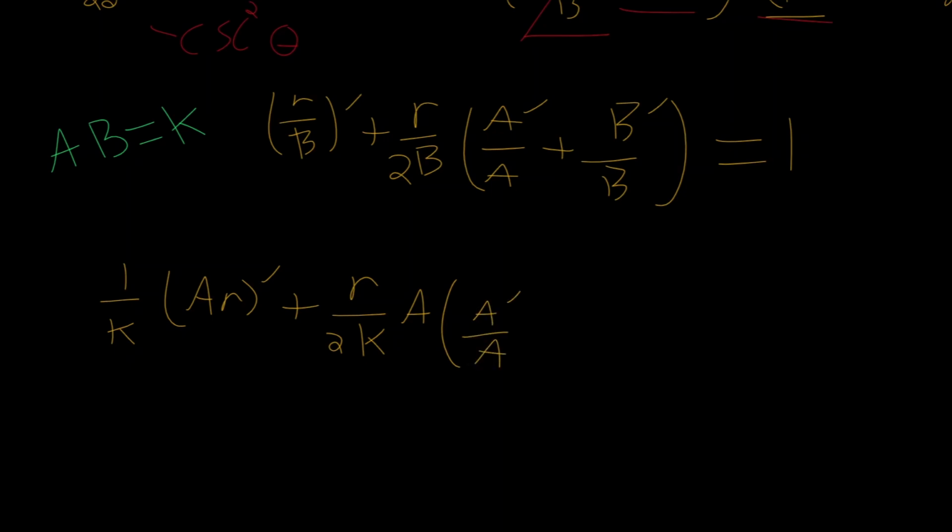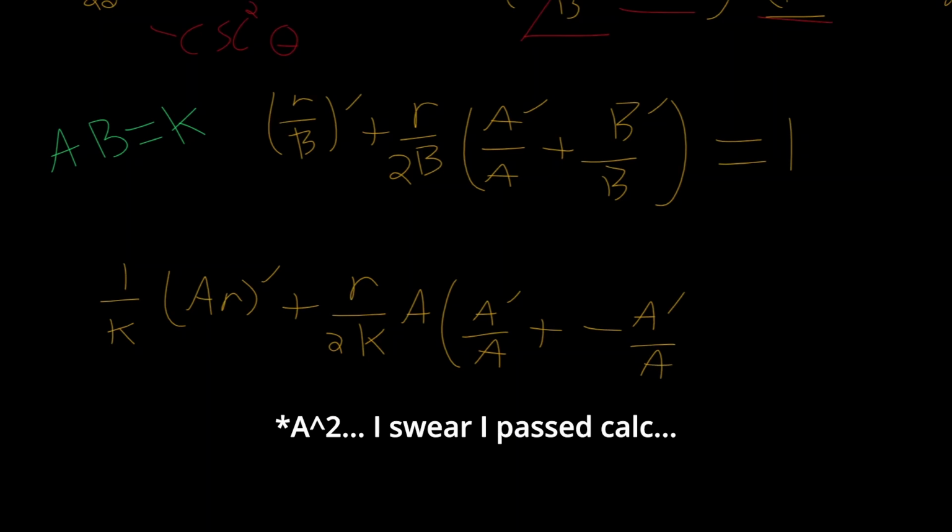And then, well, what are we going to have here? Well, b prime is just going to be k over a. So plus k over a prime. But k over a prime is just going to be, well, minus a prime over a. And then we also have a b right here.